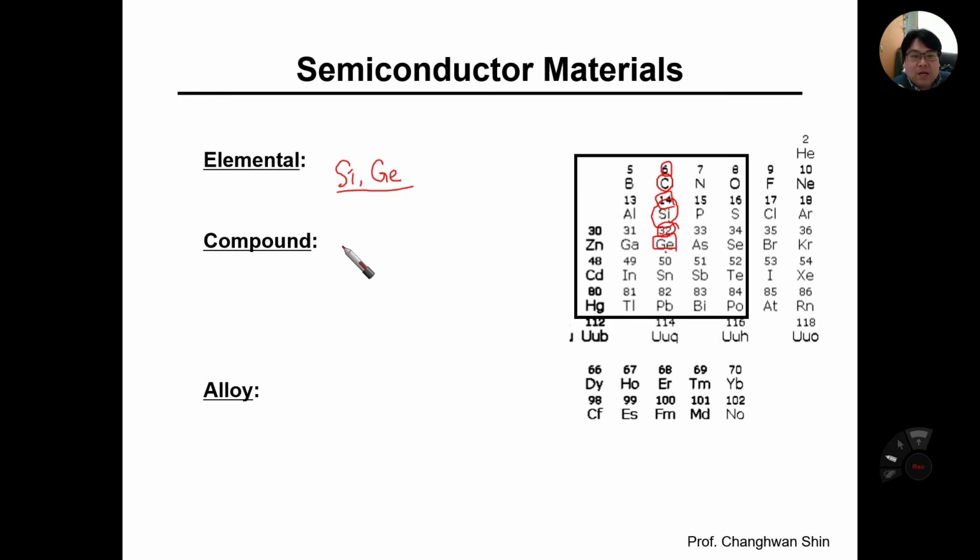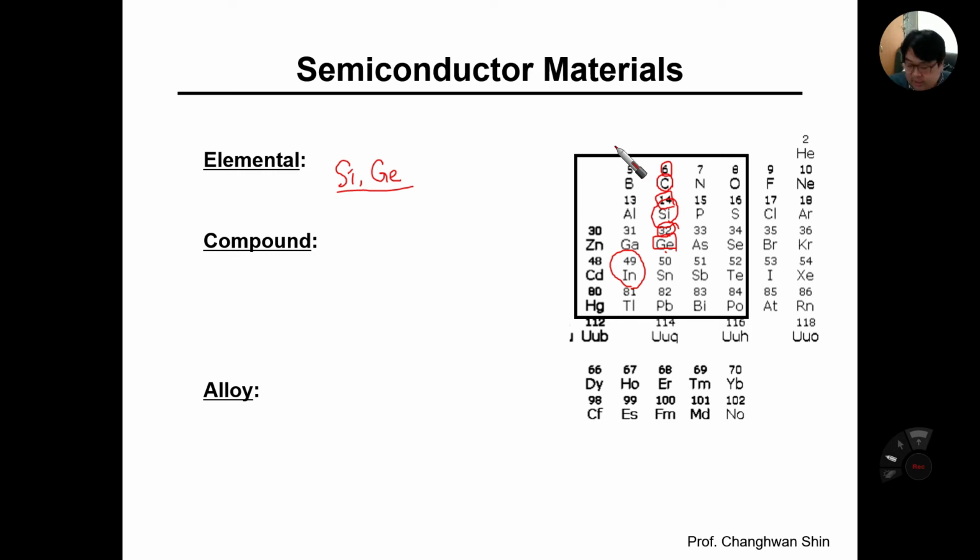You know the meaning of the word compound. In an English dictionary, you may find the exact definition. But in the field of semiconductor devices and materials, a compound semiconductor material means you can choose one atom from column 3.